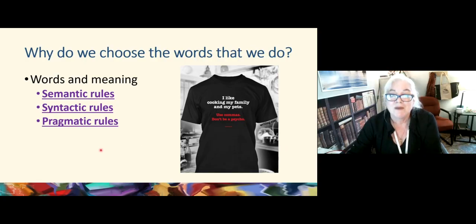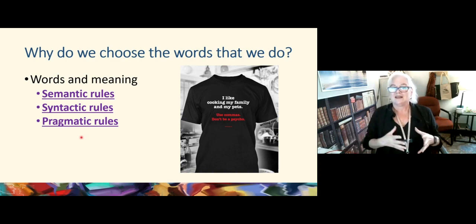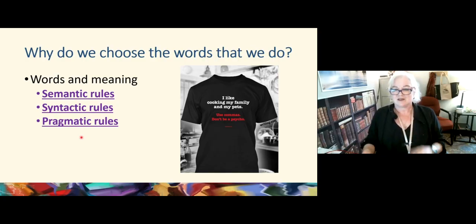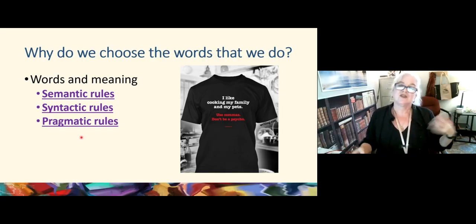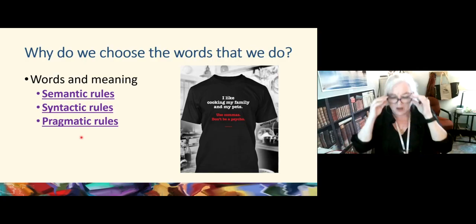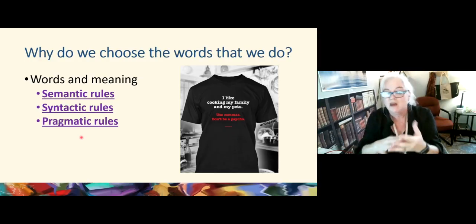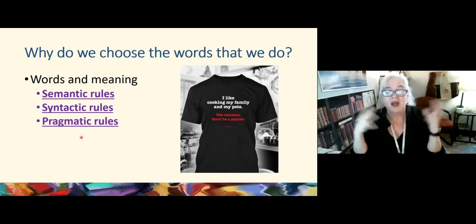And pragmatic rules are how we interpret messages based on our communication interaction. They're guidelines, okay, used in context to convey meaning and intent, but they can change based on just common usage. Think of the word, let's find a word that's changed over time. The word gay. Okay, when I was a kid, it meant happy.